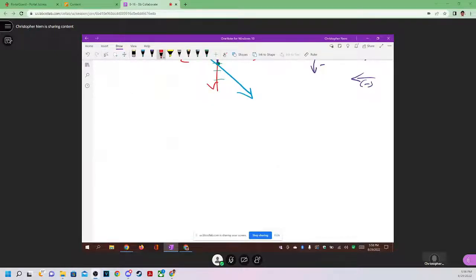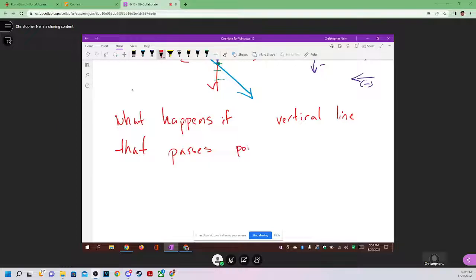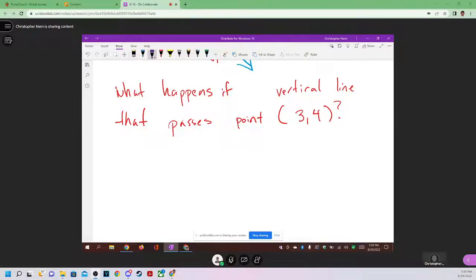So, what happens if, let's say, we have a vertical line that passes through the point, let's say 3, 4. How do I write the equation of a vertical line that passes through the point 3, 4? Well, let's imagine this visually.